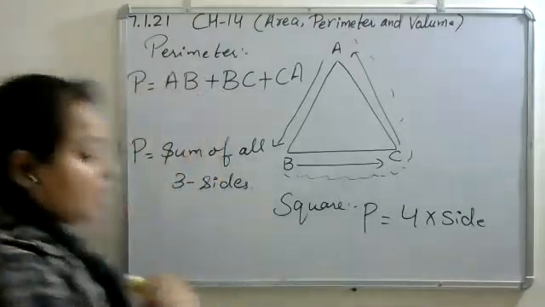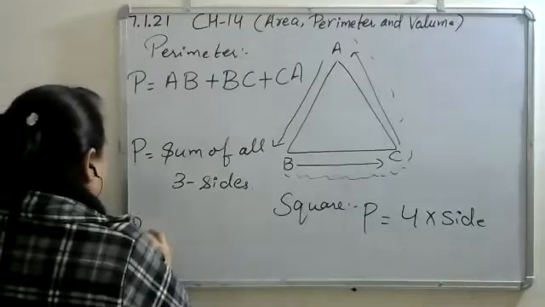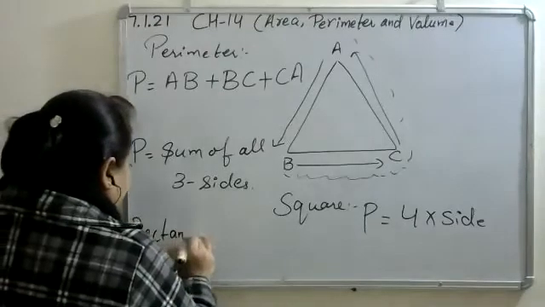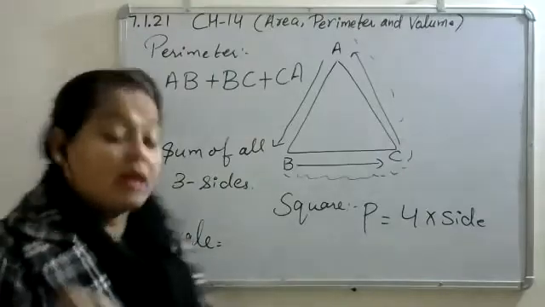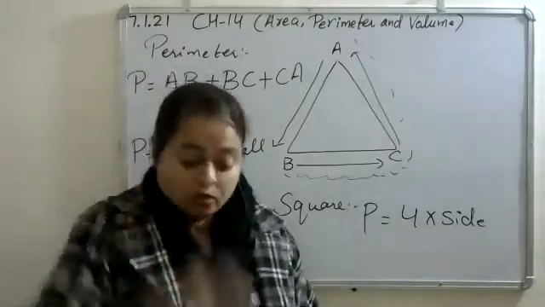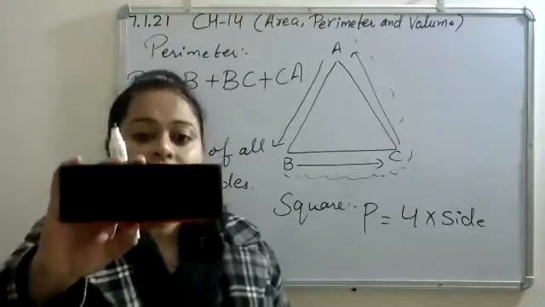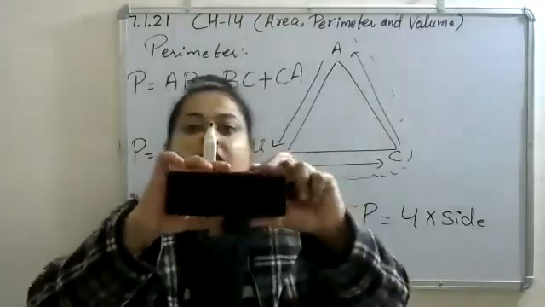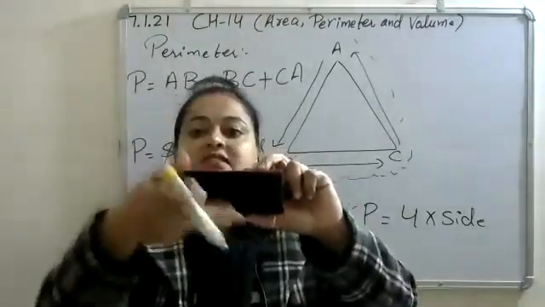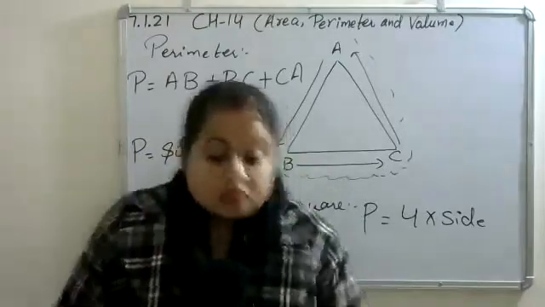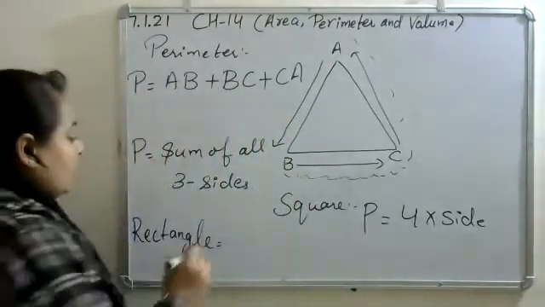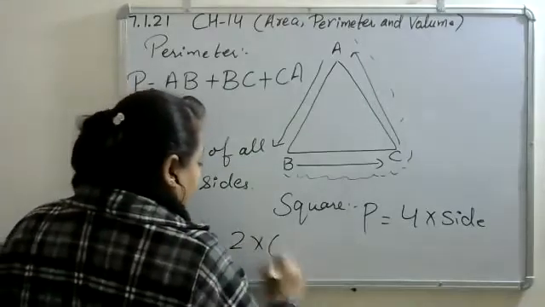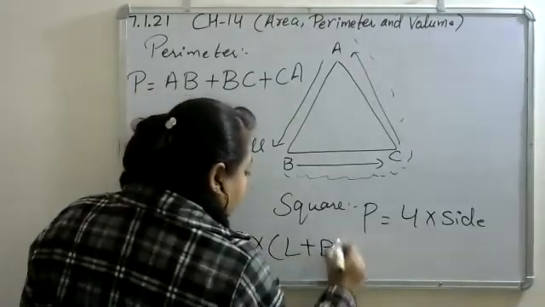Okay, now come to the rectangle. In a rectangle, opposite sides are equal. Look, this is a rectangle. For the rectangle we also have a special formula: 2 multiplied by length plus breadth.